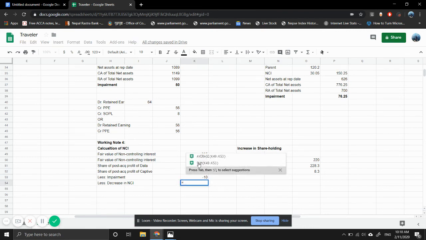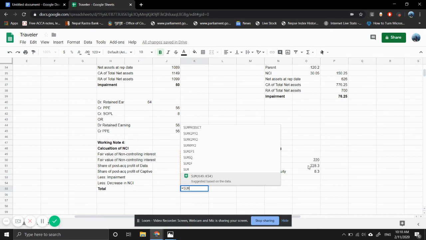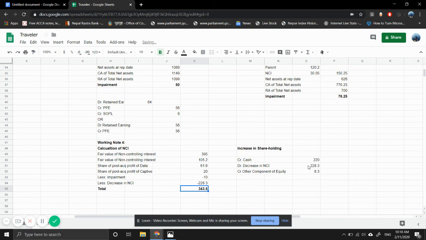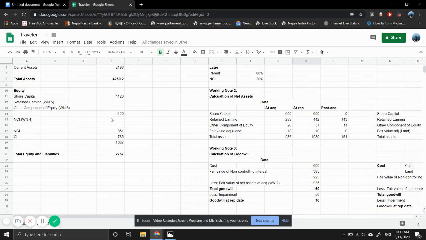So what was the net decrease in NCI? It was this figure minus this figure. That was the selling off, right? So the total will be, in bold, the sum of all this, 343.5, which is K55, right? So let's link it up. K55.